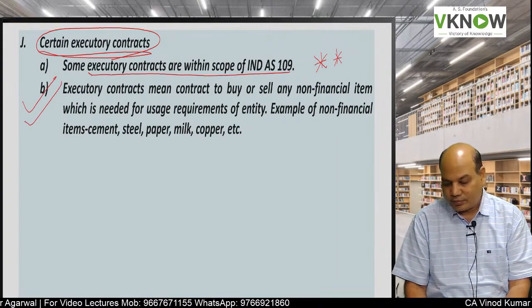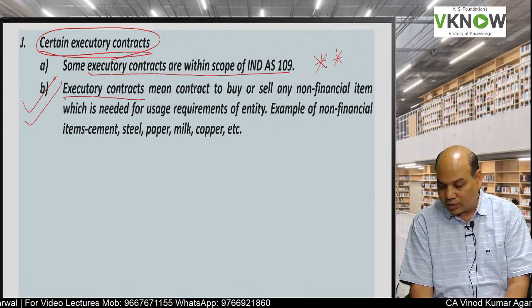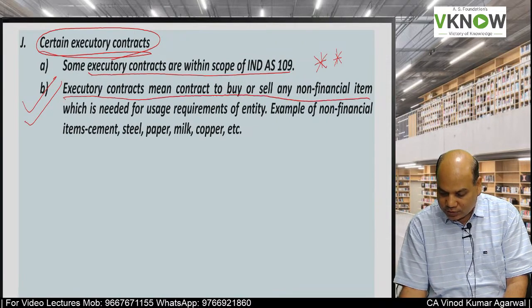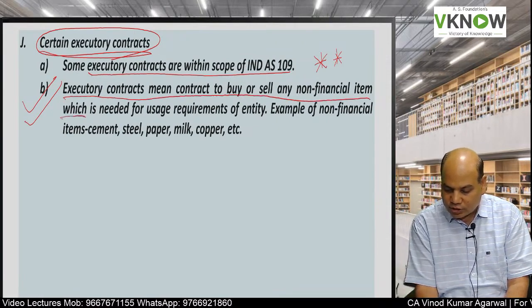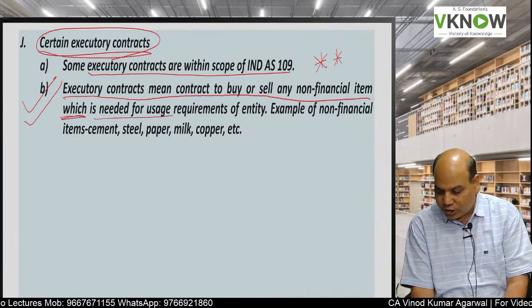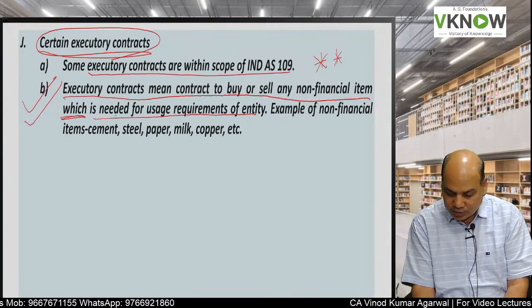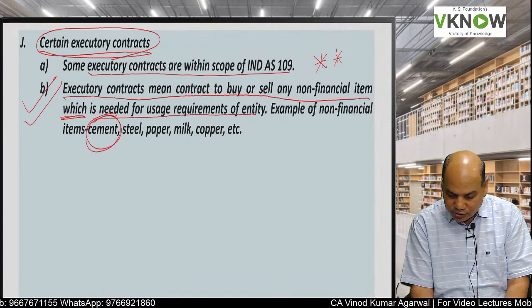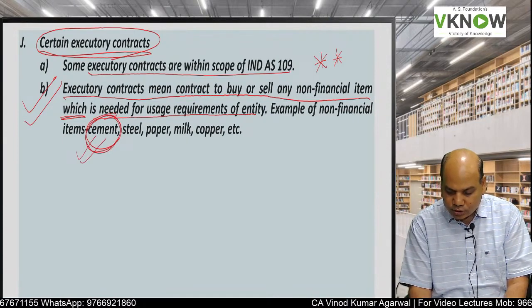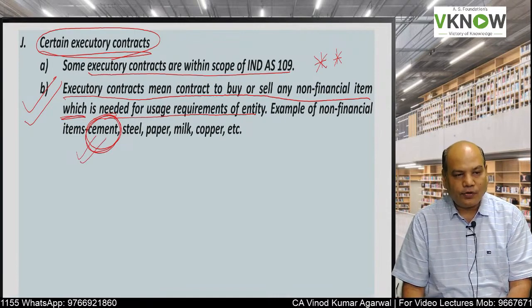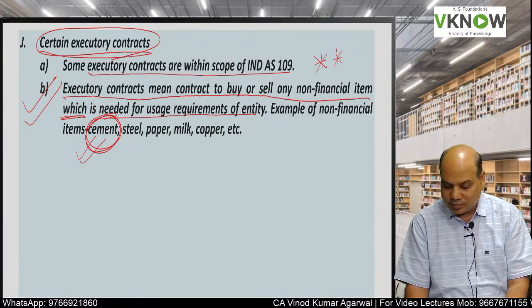Executory contract means contract to buy or sell any non-financial item which is needed for the usage requirement of the entity. For example, a company which requires cement may enter into a future contract, forward contract to buy cement.